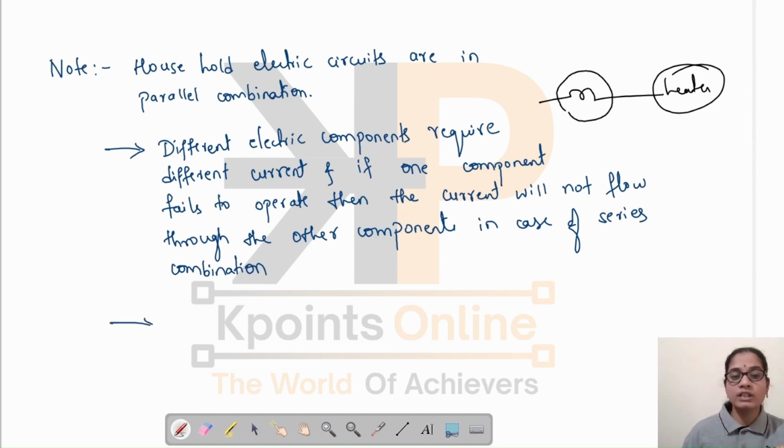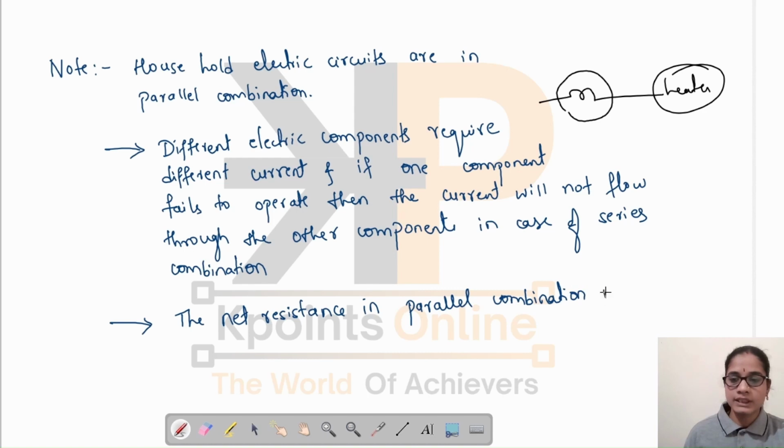So it is often convenient to connect the electrical components in parallel combination, and also the net resistance in parallel combination is low as compared to series.